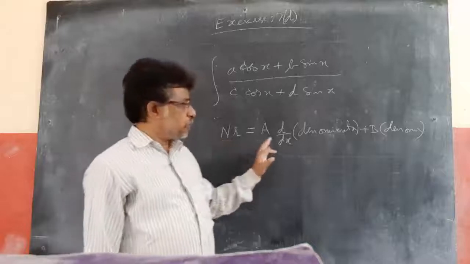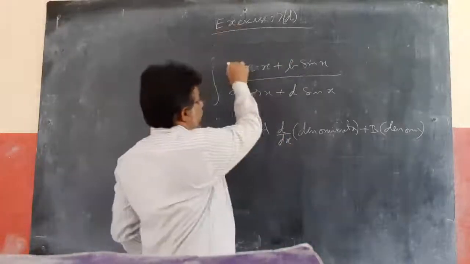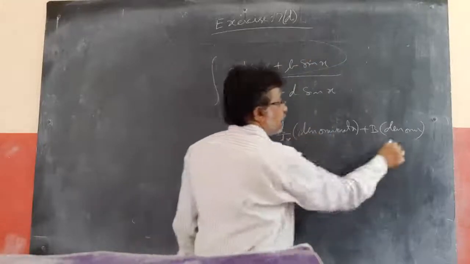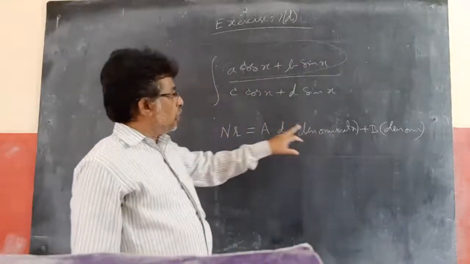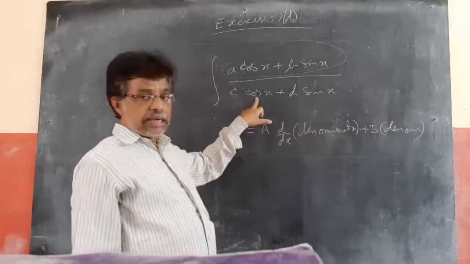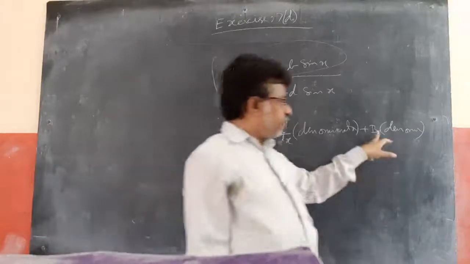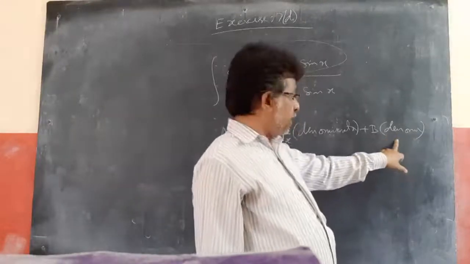What happens if you do it like this? If I am able to write the numerator in this form, a into derivative of the denominator, that is f dash x by fx, so you will get log mod fx, plus b into denominator.